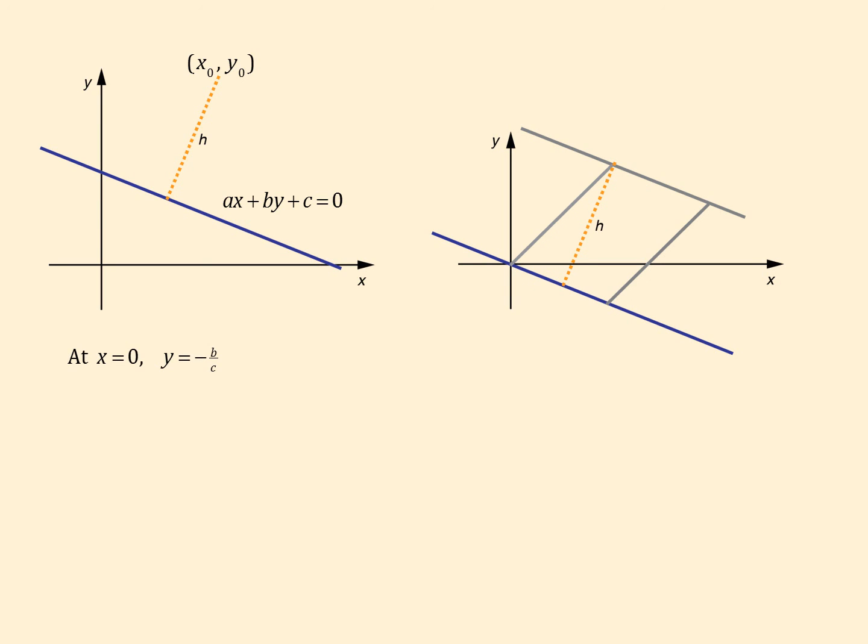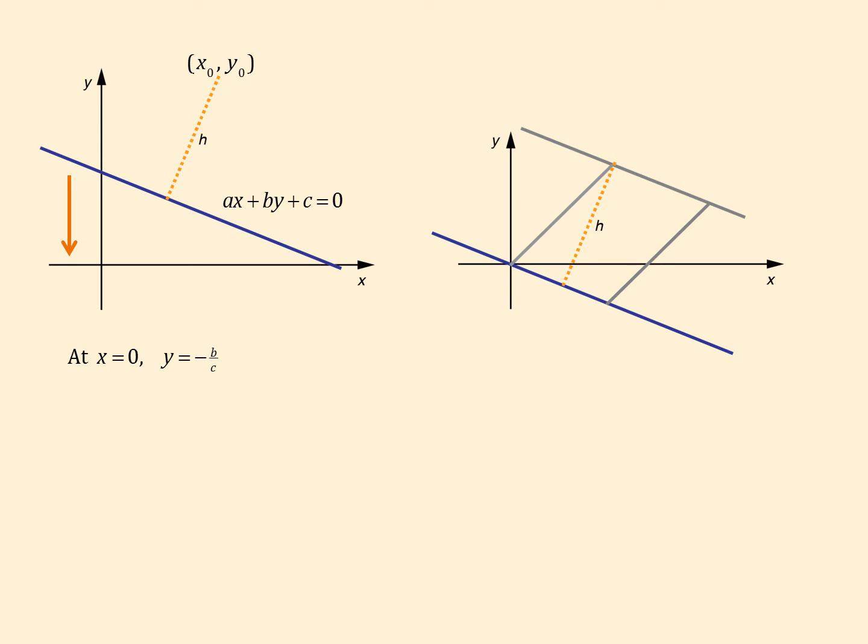So at x is 0, for the line, y is equal to minus c over b. So that is the y-intercept. The height of that line above the origin at that point is minus c over b. So we're going to subtract that from the y-coordinate of the general point.